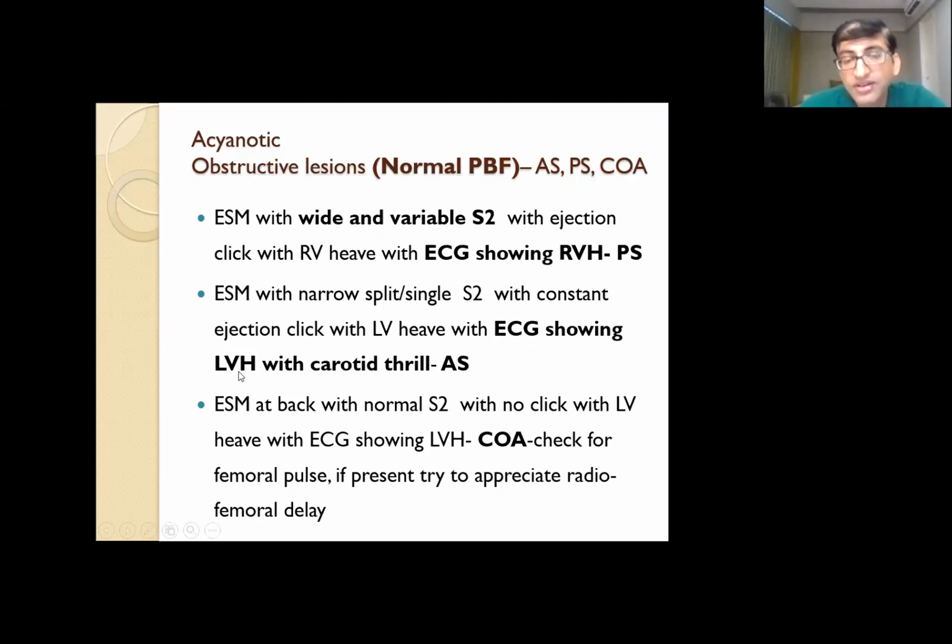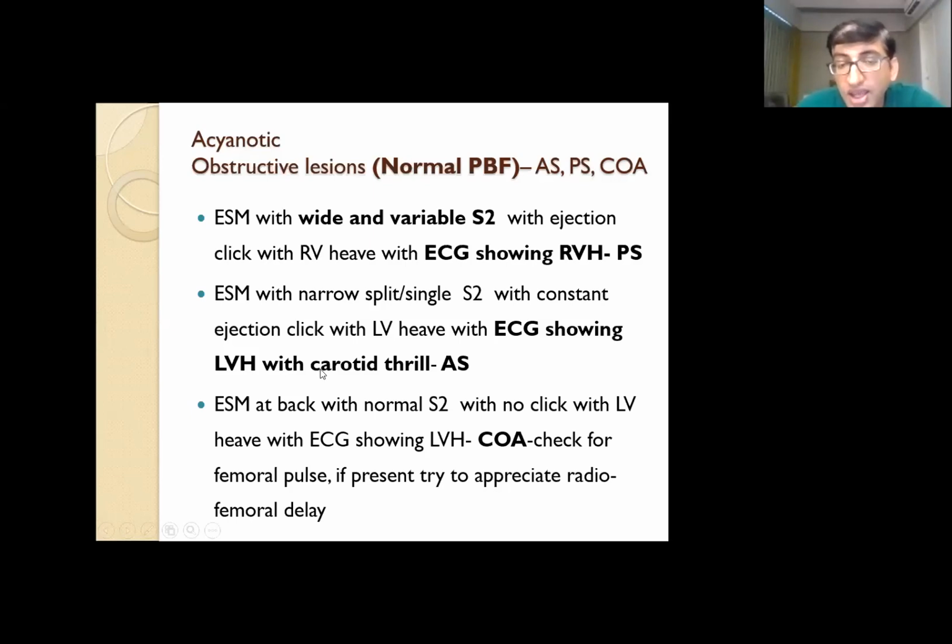And one diagnostic finding is carotid thrill. In any patient, when you touch the carotid, if you feel a thrill, it is diagnostic of aortic valvular stenosis. Subvalvular aortic stenosis is also an acquired entity, which occurs later on in hypertrophic cardiomyopathy (HOCM) patients. Those will not have a thrill because the aortic valve comes in between.